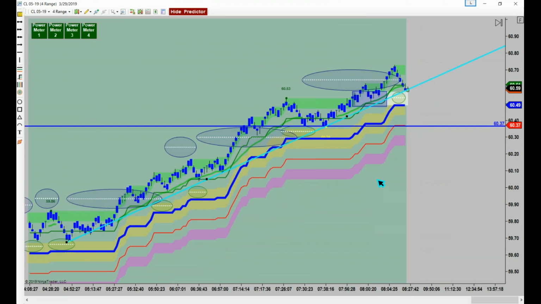Okay, but where does this thing, if it was to decide to break, where would it change trends? Anybody? Well, the trend line is a pretty good indication, but also keep in mind that your lightning 3, if they ever break lightning 3, is a real good indication. Because remember, we actually called a short on oil in the morning time.